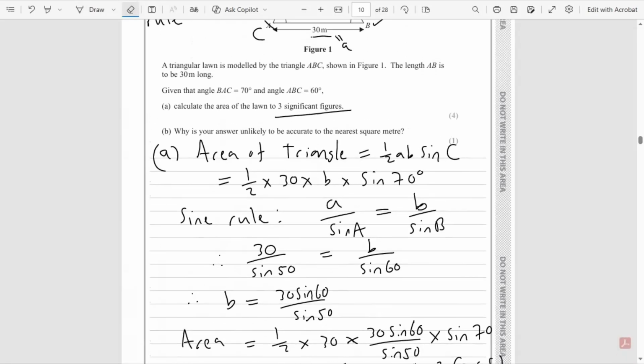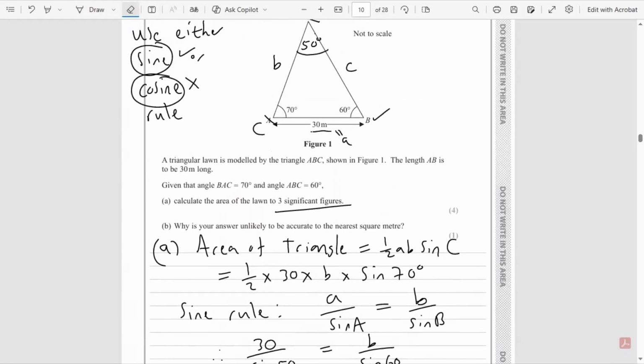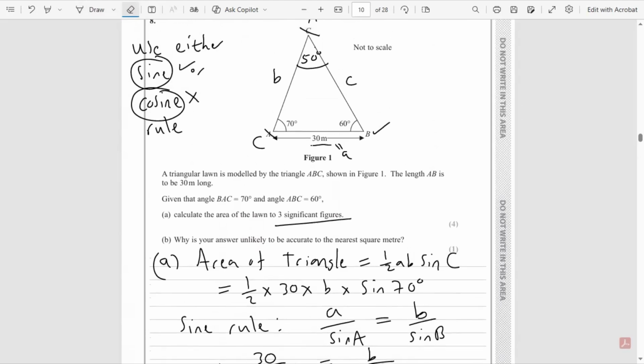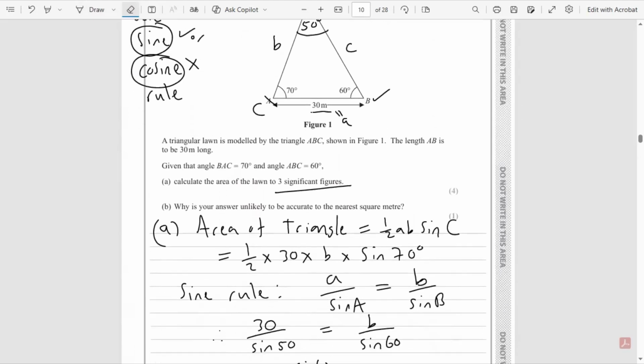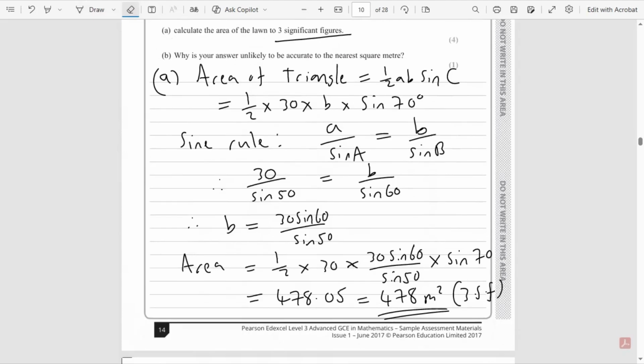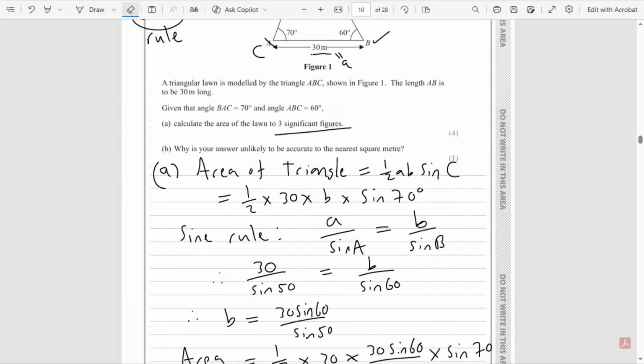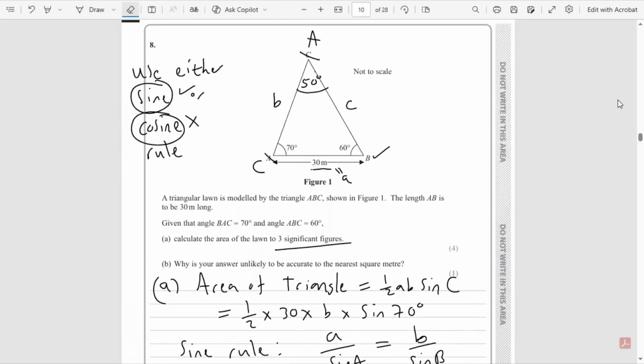Now for part B of the question, why is your answer unlikely to be accurate to the nearest square meter? So if we look at our part A answer, we gave our answer to 3 significant figures. Now, in this model, we're given the length of 30 and the 2 angles of 70 and 60 degrees to 2 sig figs.